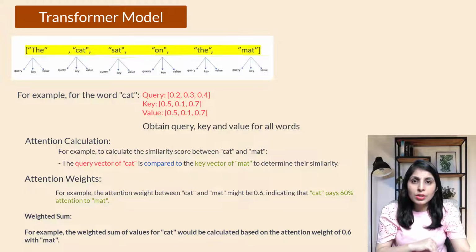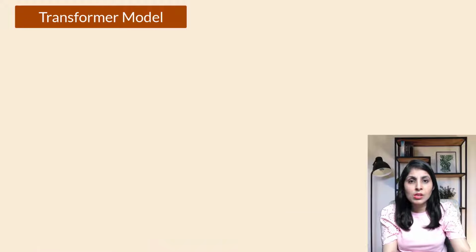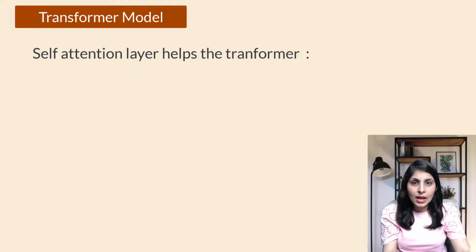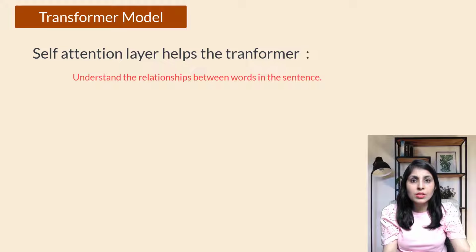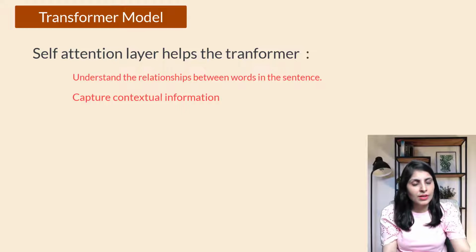By going through this entire process, the self-attention layer helps the transformer model understand the relationship between the words and capture the important contextual information. This allows the model to make better predictions and understand the meaning of a sentence more effectively. So this is what the self-attention layer does.